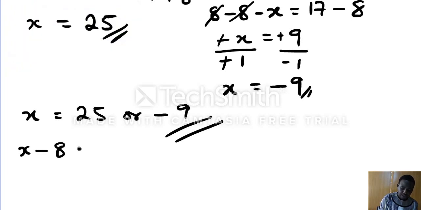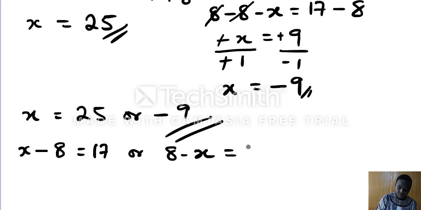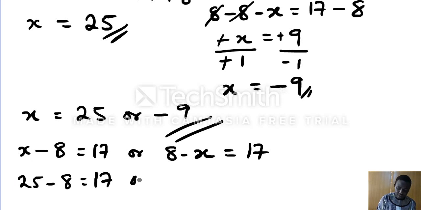If x minus 8 is equal to 17, or 8 minus x is equal to 17, we said x can be minus 9 or 25. If x is 25, you have 25 minus 8, which will actually give you 17.